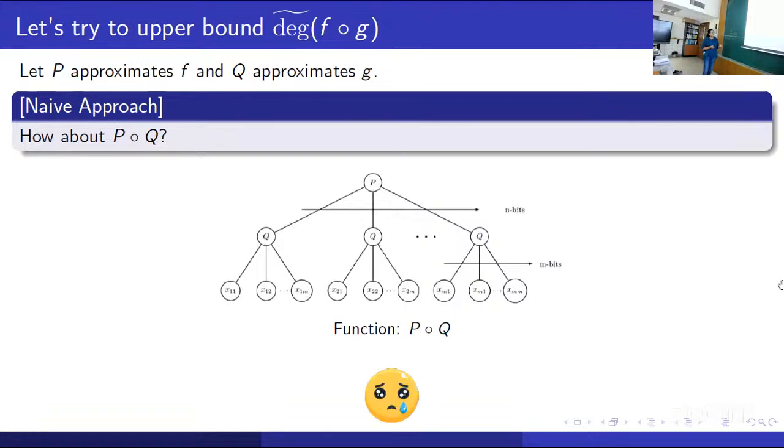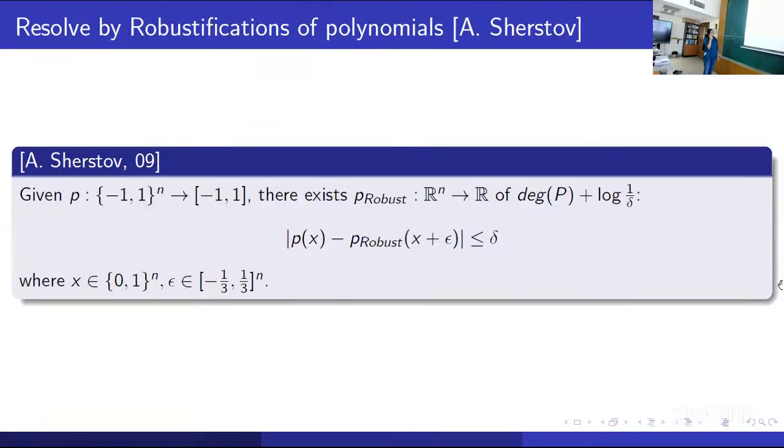Now, since we have polynomials, here is a very beautiful technique that Sherstov did to make a polynomial on a discrete domain robust to noise. Suppose I have a polynomial on this discrete domain. Now I am coming up with another polynomial, P robust.